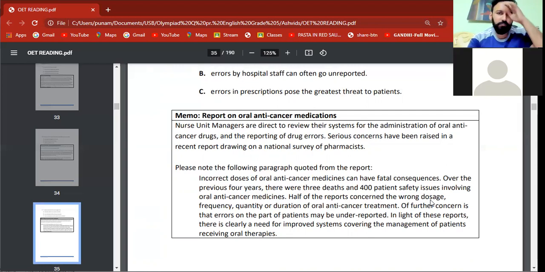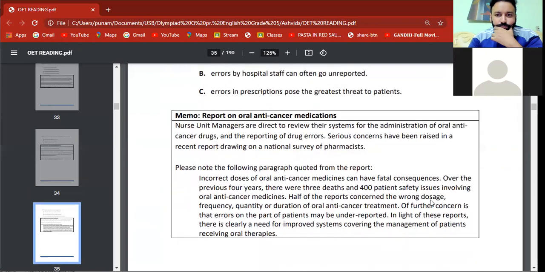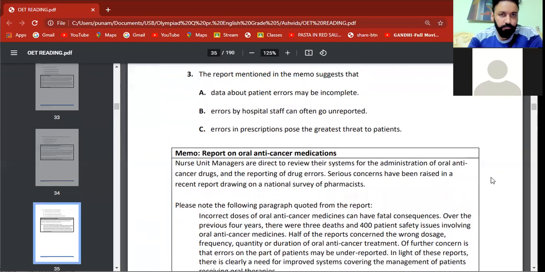Over the previous 4 years, there were three deaths and 400 patient safety issues involving oral anti-cancer medicines. Half of the reports concerned the wrong dosage, frequency, quantity, or duration of oral anti-cancer treatment. Of further concern is that errors on the part of patients may be underreported.